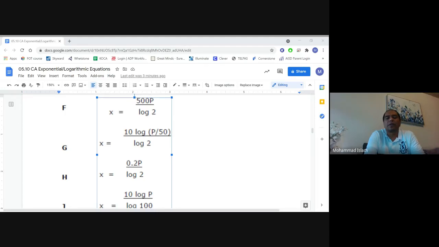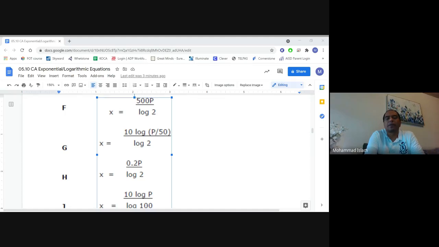Okay, so now I only have x on one side. So x is equal to 10 log of p upon 50 divided by log of 2.